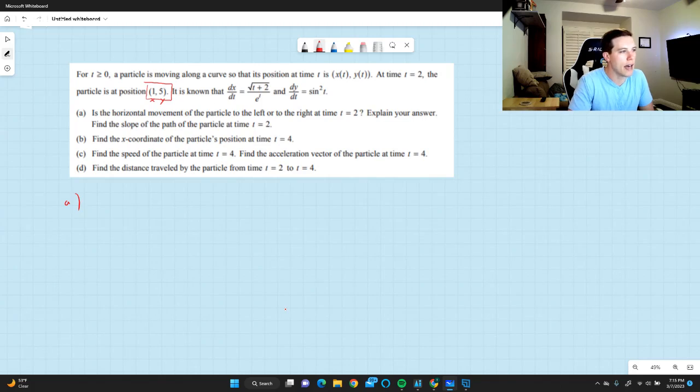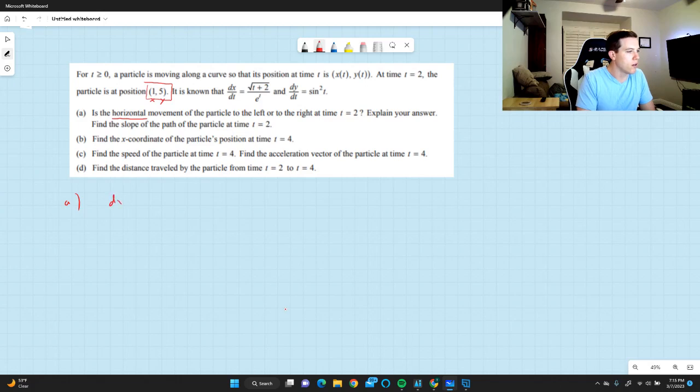It is known that, look, they are giving you the velocity for the x movement, and they're giving you the velocity for the y movement. So this is a case where they're not starting you with the position formulas. They're starting you with the rates, which is usually how these work. So is the horizontal, aka the left-right, aka the x movement of the particle to the left or to the right at time 2?